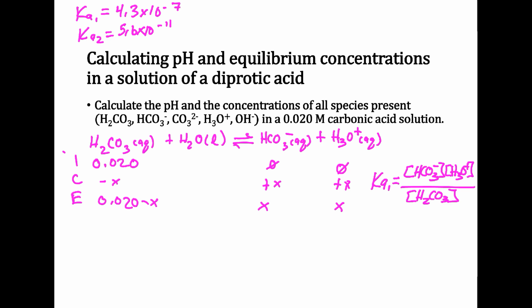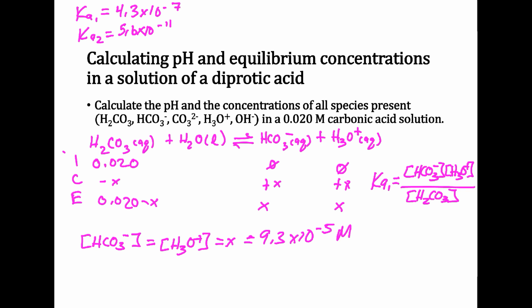We can go ahead and plug in. And when we solve for x, x is equal to the concentration of HCO3-, and it's also equal to the concentration of hydronium. In this case, x is equal to 9.3 times 10 to the negative fifth molar.